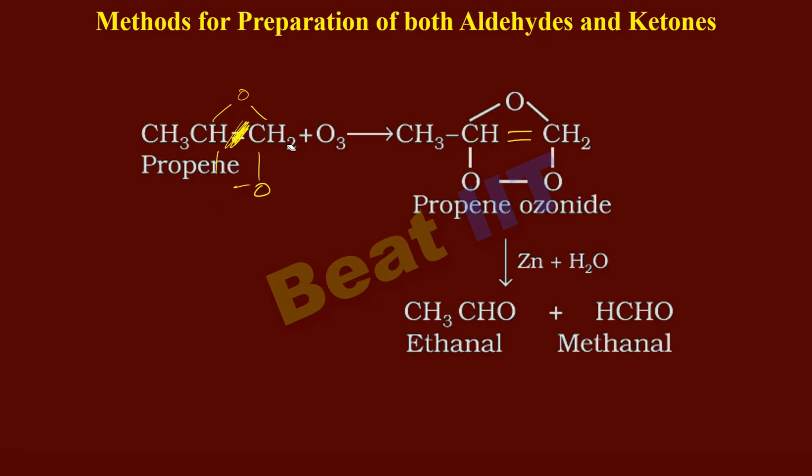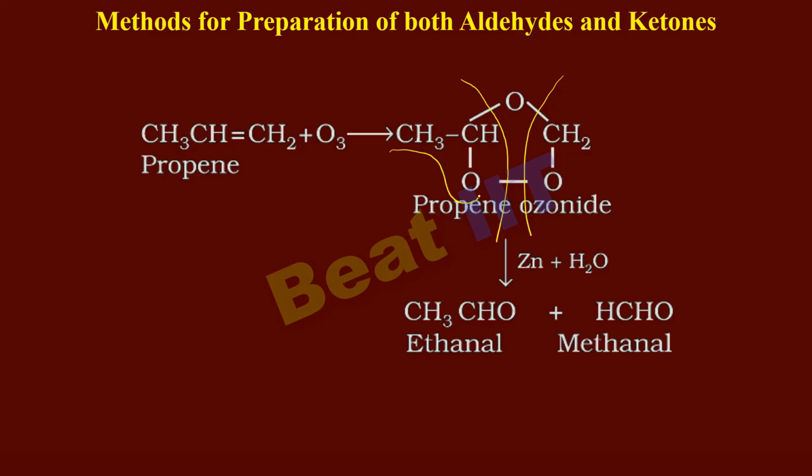This double bond was there. You removed that double bond and produced the ozonoid. After that, when you get this ozonoid reacted with zinc dust and water, there will be cleavage. And cleavage will be like this. You need to remember the pattern. So what will happen?